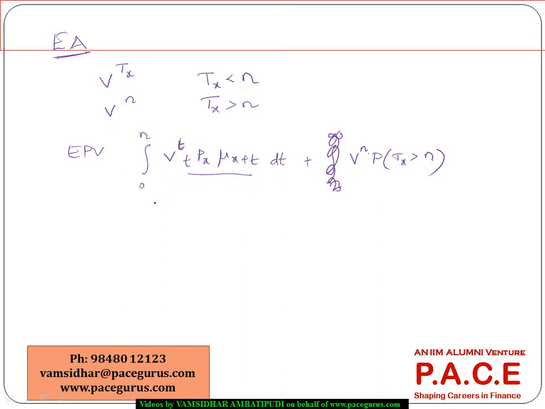So this is as good as saying I can write it as v^n times npx, the probability that the person is alive for n more years, and based on that, the payment coming at the end of n years has present value v^n.